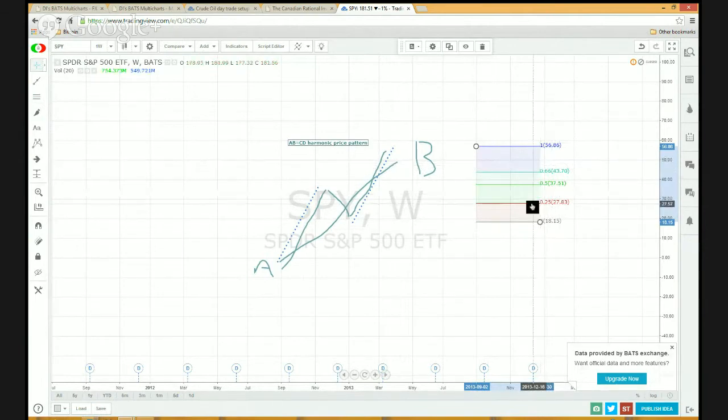And in essence, if you risk this part and your reward is this part, then the trade has a built-in 3-to-1 risk-reward ratio. And so if this harmonic price pattern is playing out in the market, then this low won't get taken out. If it is taken out, then that means that harmonic price pattern isn't valid. So that's half the battle in itself.